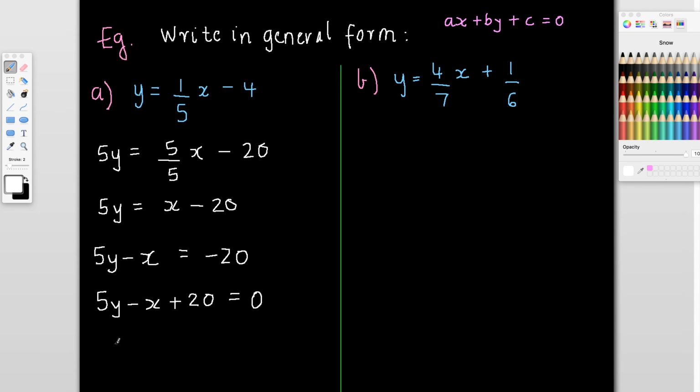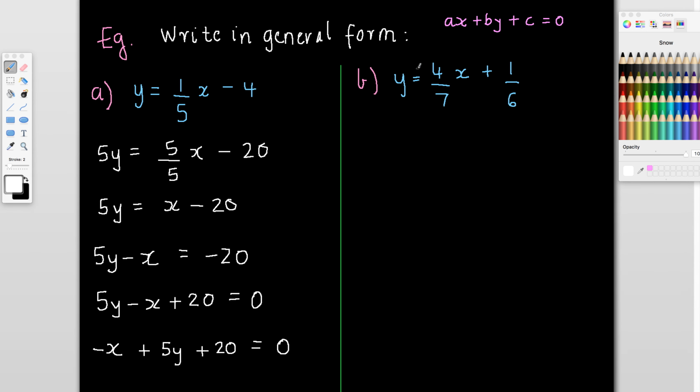The only thing I'll do is rearrange this just so that it is in that exact form that I've written above. So the first term is the x term, which is negative x. Then I've got my y term, so plus 5y. Then I've got the c term, which is the 20, the constant term, the number on its own, and that is equal to 0. And now that is in general form.